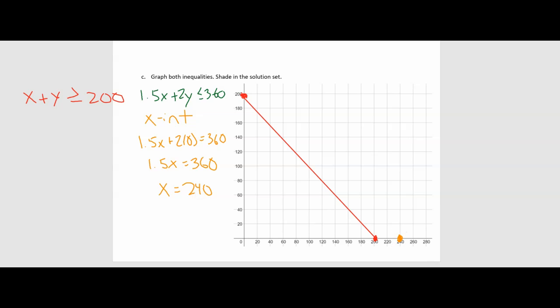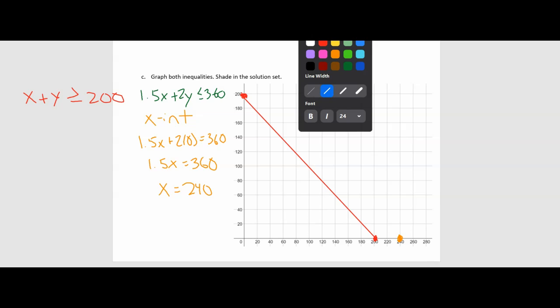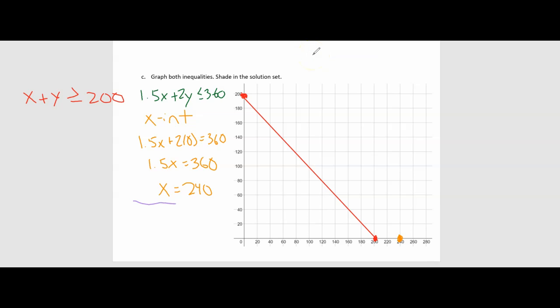If I do the same thing for my y-intercept, because I substitute in 0 for x, I get 2y is equal to 360, and I'm going to get y is equal to 180.